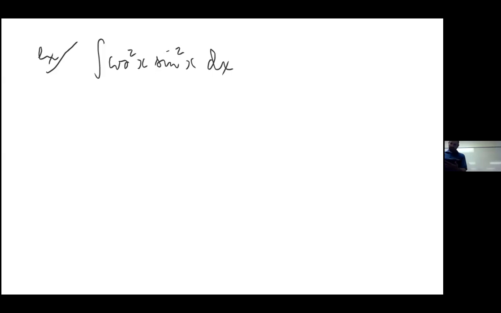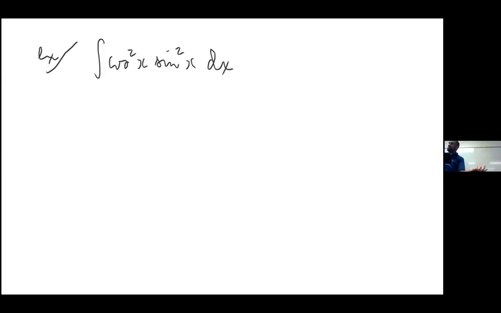And by the way, half angle identities. Let me write these down for you so you have them in your back pocket. The way I like to remember it is that the sine squared one has a minus sign on the cosine, while the cosine squared half angle identity has a plus sign. Other than that, it's exactly the same.